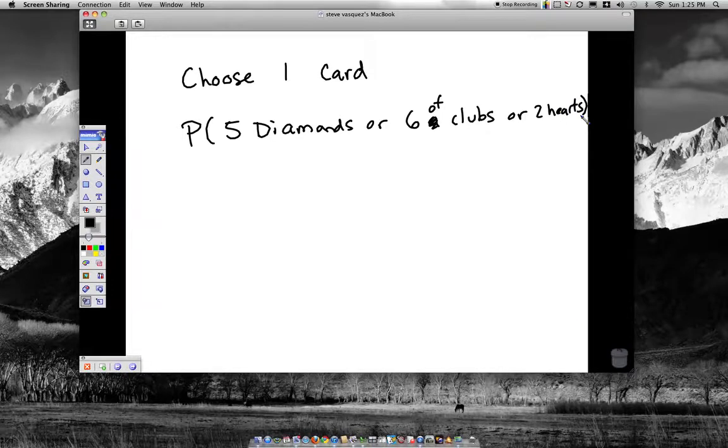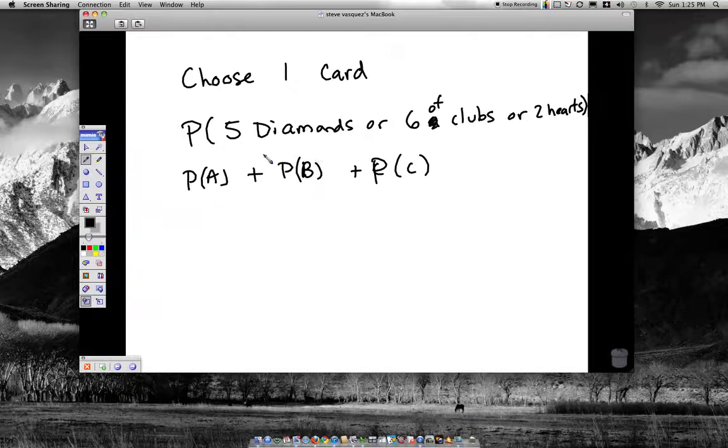Here I have a compound event of 3 different events. I've got the probability of A happening, which is the diamonds, the probability of B happening, which is the clubs, and the probability of C happening, which is going to be the 2 of hearts.